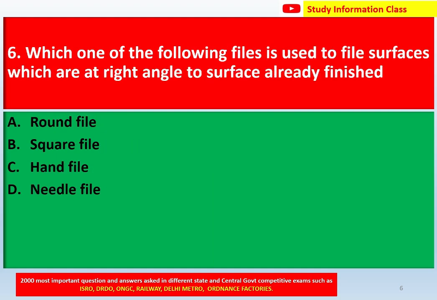Next question, which one of the following files is used to file surfaces which are at right angle to surface already finished? Option: round file, square file, hand file, and needle file. So the correct answer is hand file.